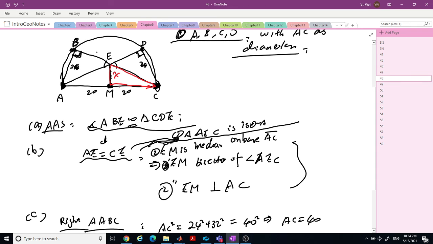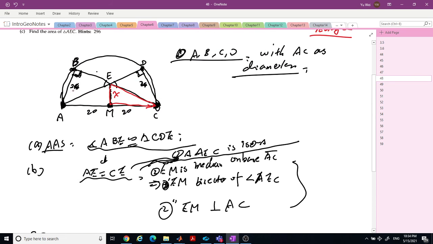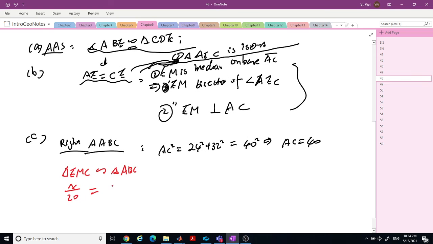So X over 20, the two legs: X over 20 is equal to the short leg 24 divided by the long leg 32.